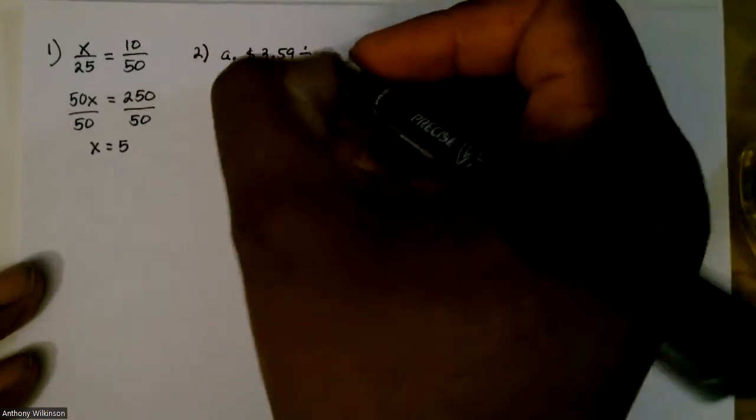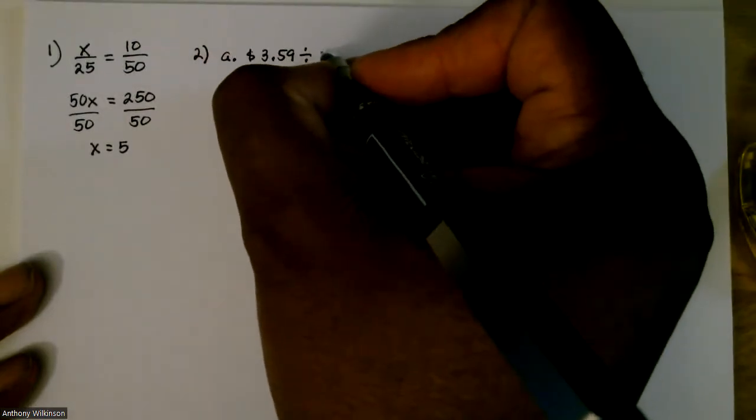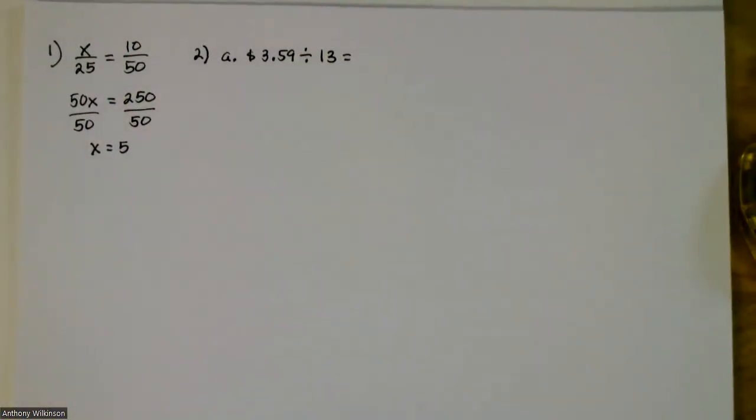Okay, so let's see, $3.59. We're going to divide that by the 13-ounce size of cereal. So we divide that by 13. Now here we have to round this to 2 decimal places since we're dealing with money amounts.